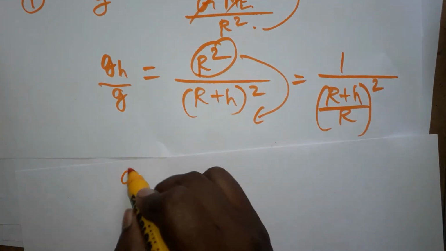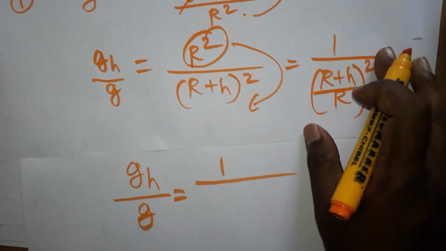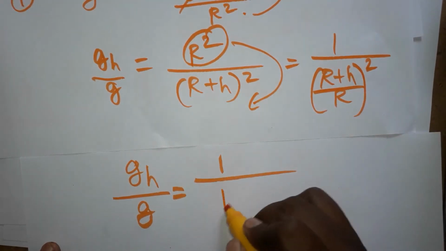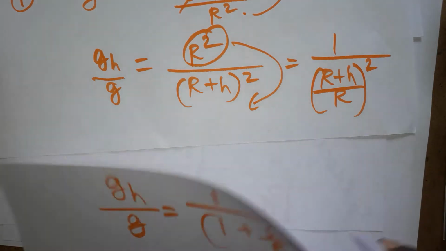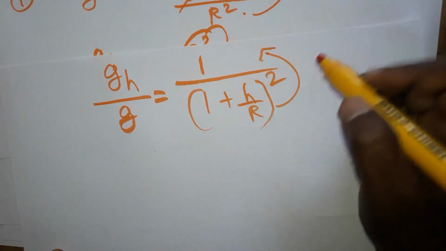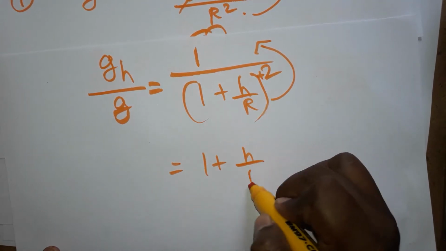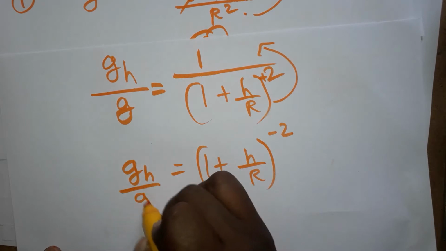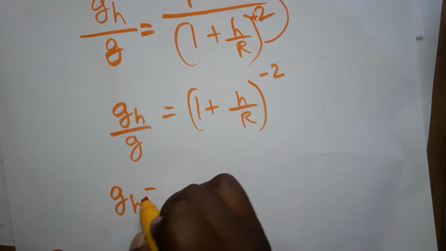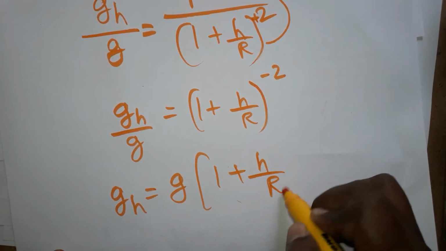So gh divided by g is equal to 1 divided by 1 plus h divided by r, square. From the denominator, if you take this, plus 2 is going to change as minus 2. So gh is equal to g times 1 plus h divided by r, to the power minus 2.